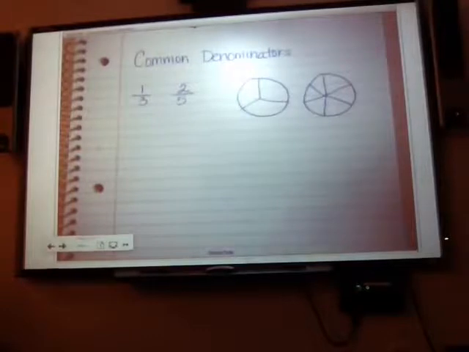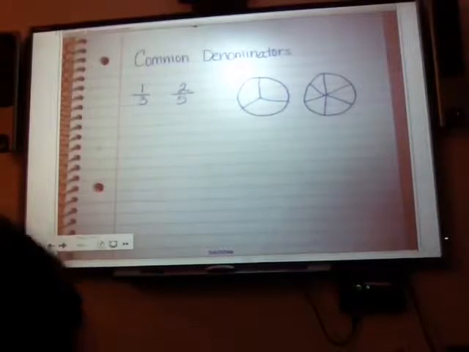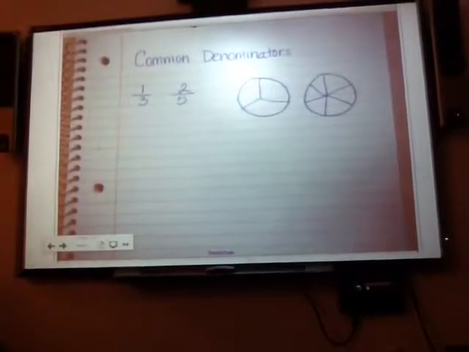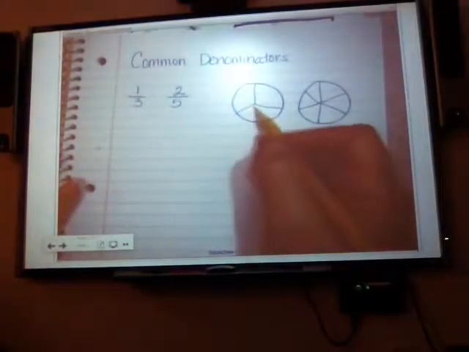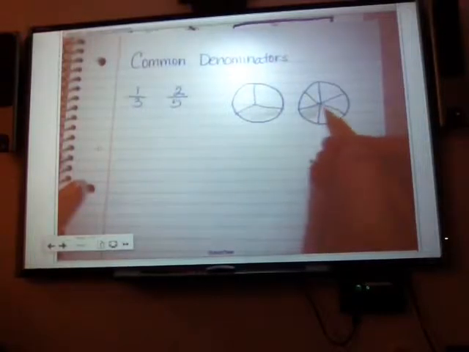Again, I know that automatically they're not the same size, so that's why I do not want to rely on my drawings. So I can't say which one is bigger, because if I were to look at these as pizza slices, say that Austin has 1/3 and I have 2/5.